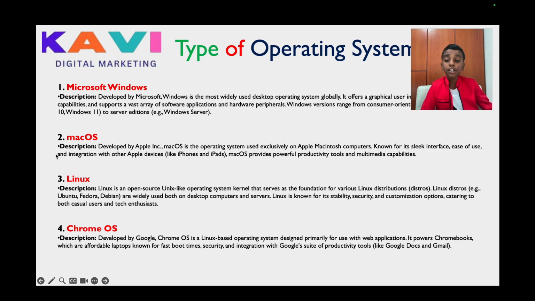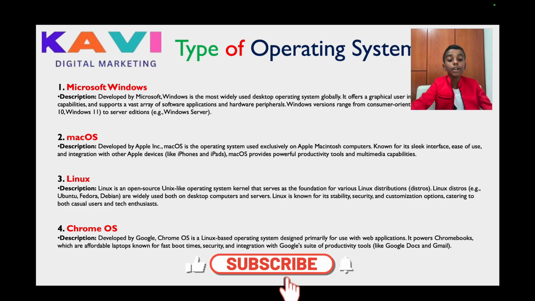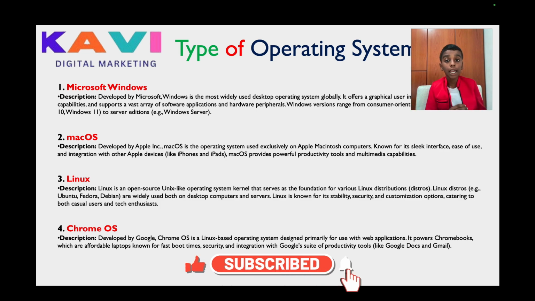Here we have the next one, which is Mac OS. Developed by Apple Inc., Mac OS is the operating system used exclusively on Macintosh computers, known for its sleek interface, ease of use and integration with other Apple devices like iPhones, iPads, iPods and even Apple Watches. Mac OS provides powerful productivity tools and multimedia capabilities.